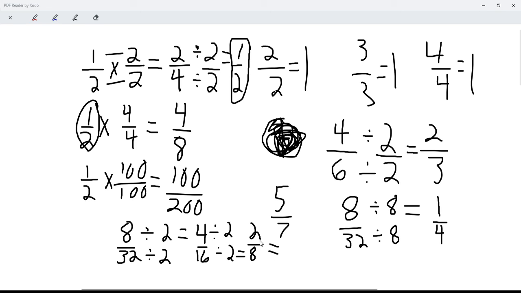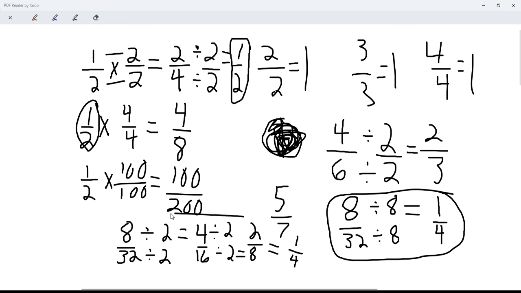And then I would say, oh, they're both even again. And then it would give me 1/4 if I divide each by 2, right? So even if you don't divide with the biggest common factor right away, you can still get there by dividing like this with smaller common factors, because it'll keep breaking down until you get to the right answer.